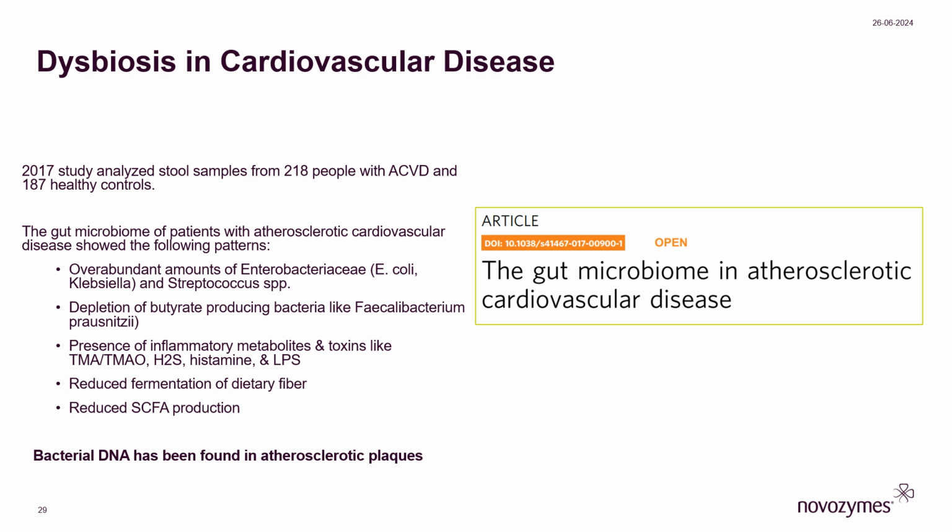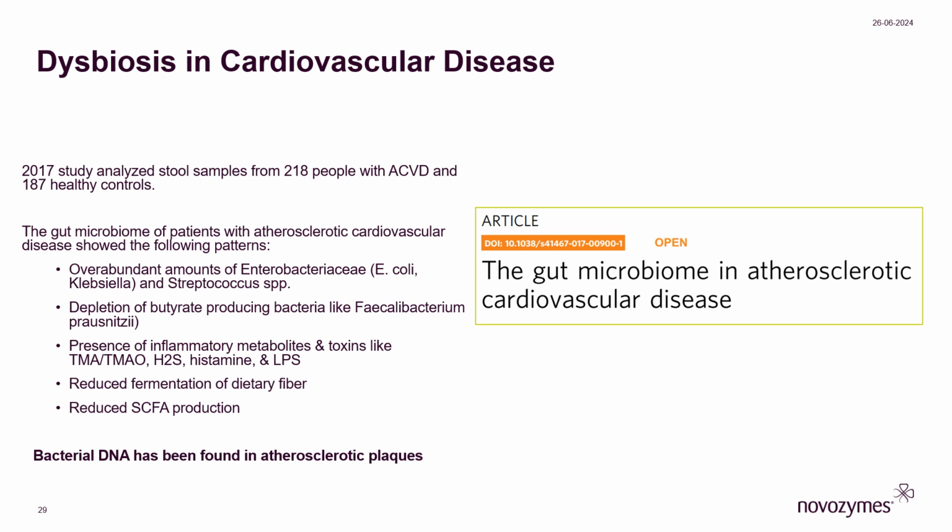The gut microbiome of these patients, those with the atherosclerotic cardiovascular disease, showed a number of patterns. What they found is that those patients had an overabundance of inflammatory bacteria, so the Enterobacteriaceae, E. coli and Klebsiella, and quite a bit of the Streptococcus species as well.